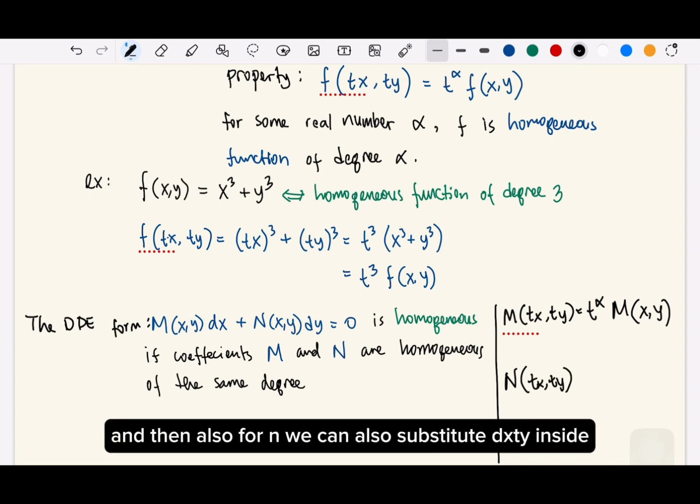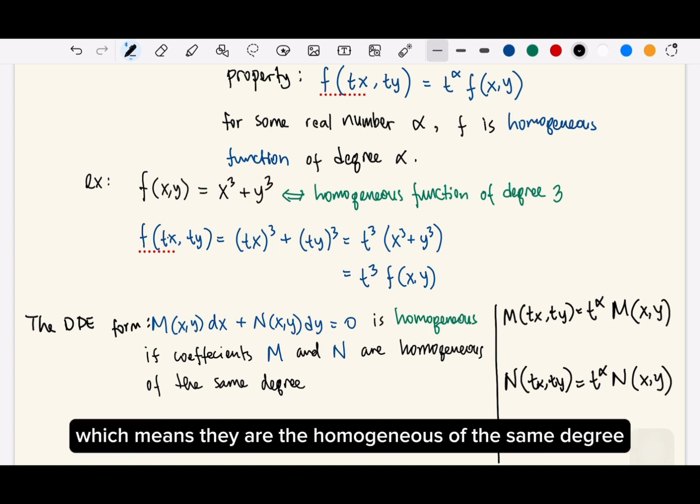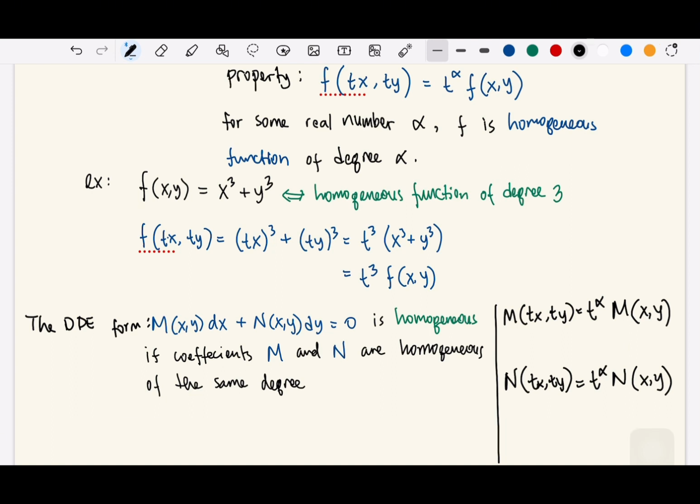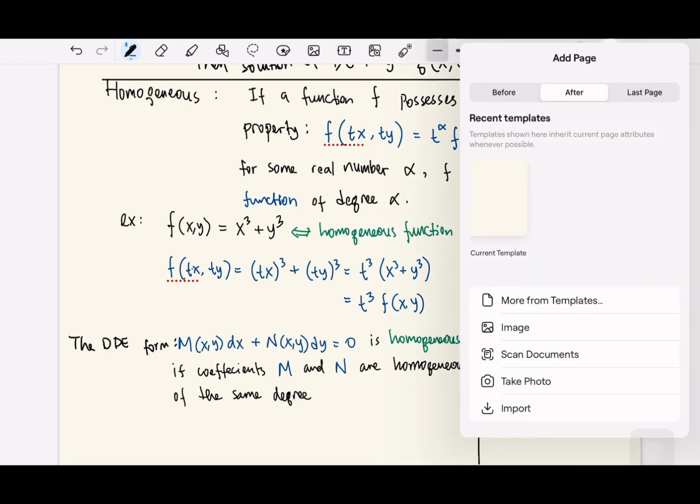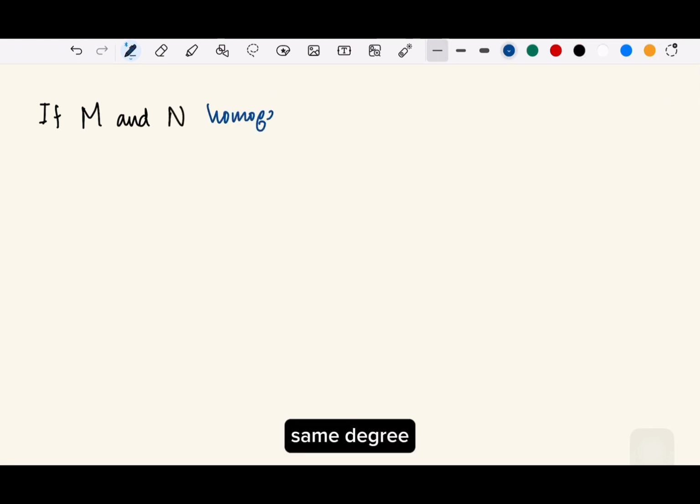Also for N, we can substitute (tx, ty) inside, and we can see that they have the same alpha, which means they are homogeneous of the same degree.